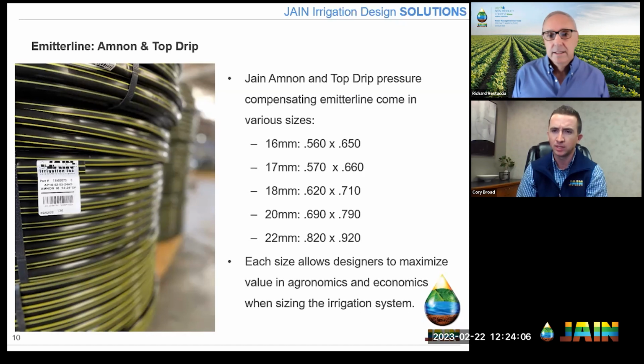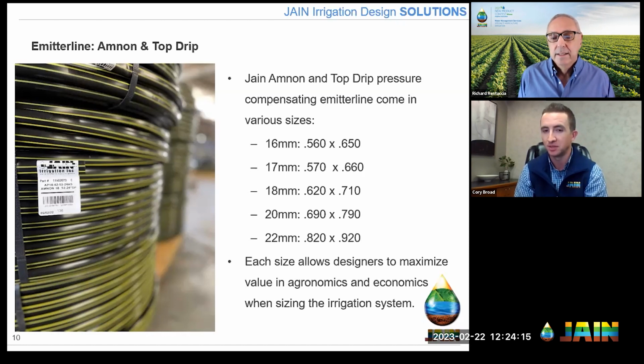But what's really important about each of these size emitter lines is, there are more common ones, which would be 18 and 20. But I've sold plenty of 22 millimeter, and I've sold plenty all the way down to the smaller sizes, where we can really fit what the designer is trying to achieve, what's going to be the most economical value, and what brings the most agronomic value by picking the right one.